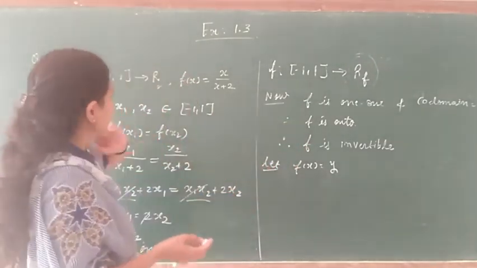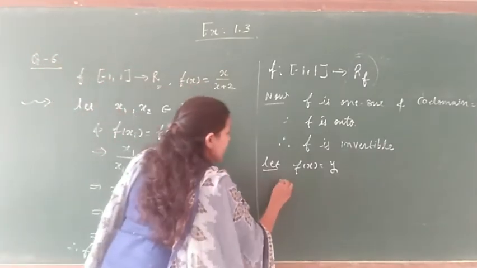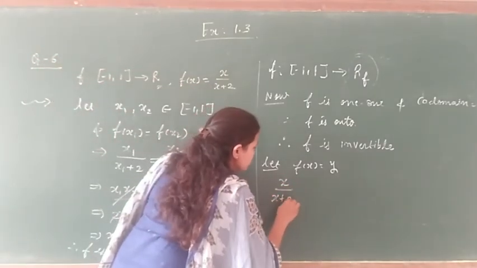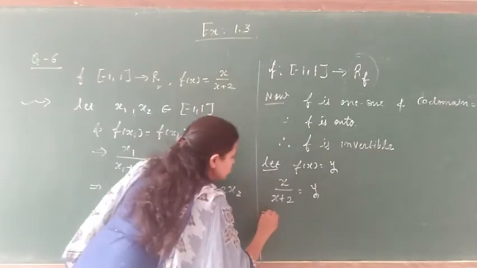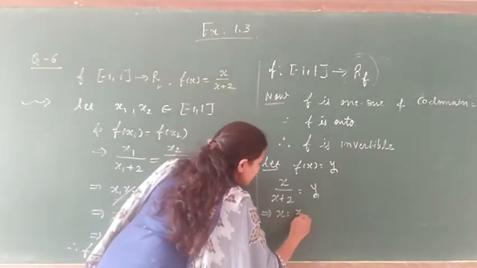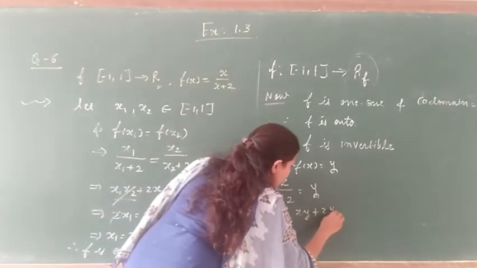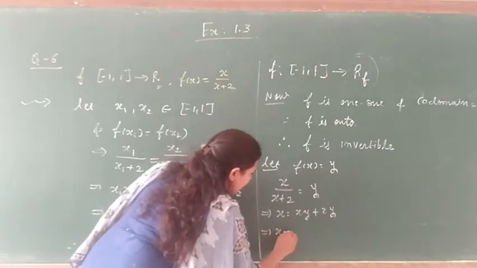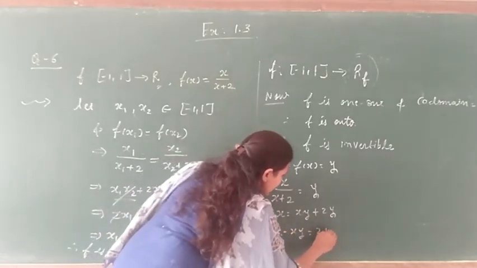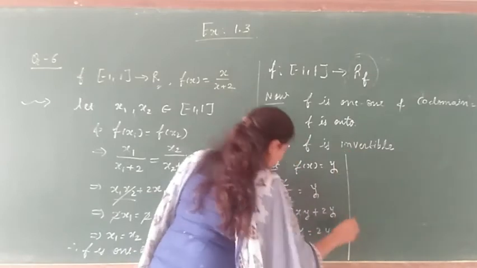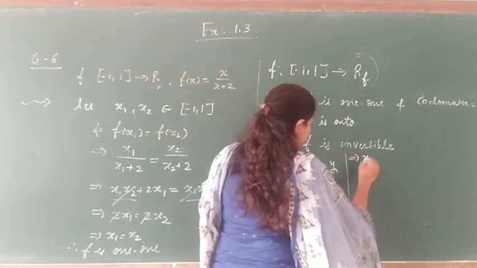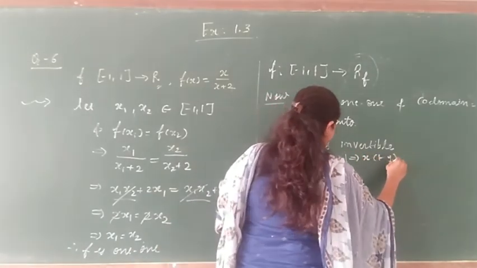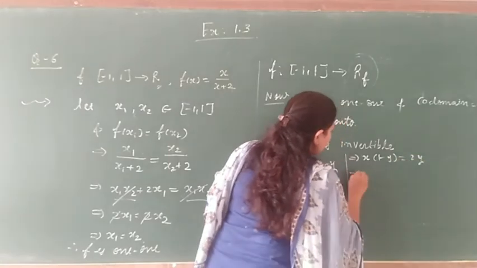So let me start with it. f of x is x upon x plus 2 equals y. So this will give us x equals xy plus 2y. So this will give x minus xy equals 2y. So here x is common, then the remaining is 1 minus y, equals 2y.